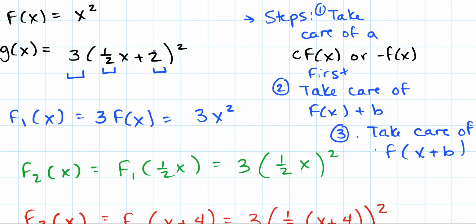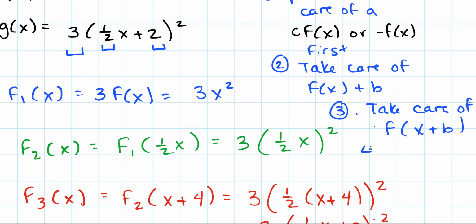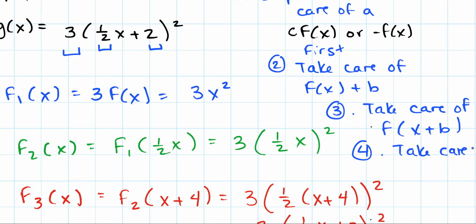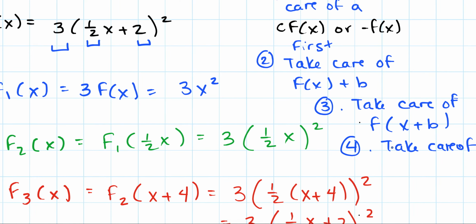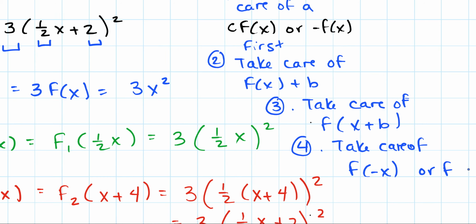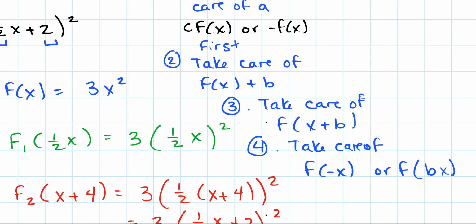So if there's, like here we had this 2, I would take care of that. And then the last thing I would take care of would be f of negative x on the inside, or f of some number times x. Like here we had this number 1/2, I would take care of that.